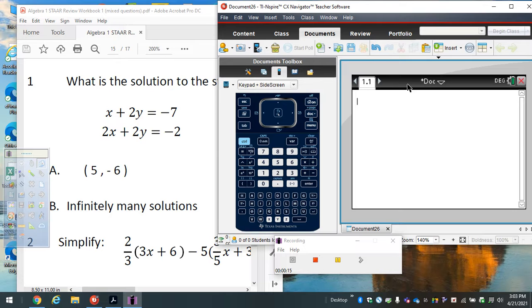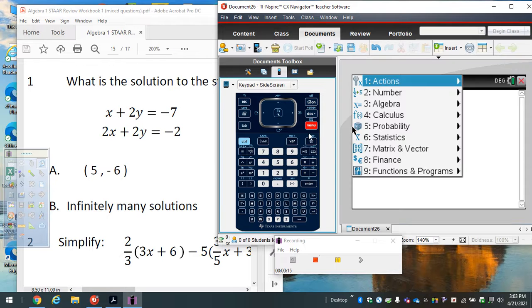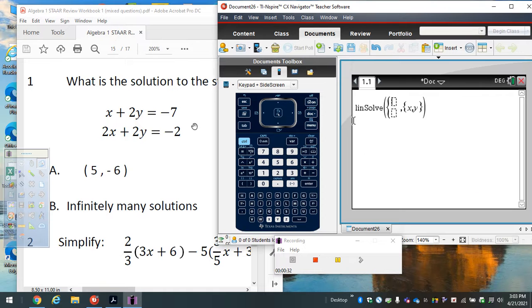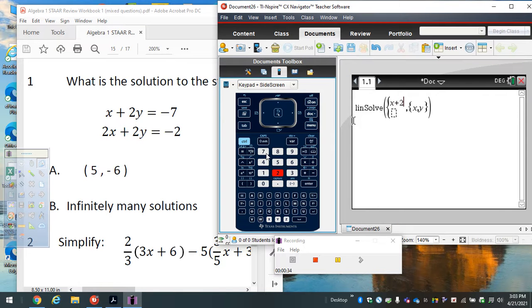I'm going to go to this one right here. I'm basically going to come out here and do menu 3-2. 3-2 is going to be LinSolve, which solves 2 equations, basically a system. And you type 2y equals -7.